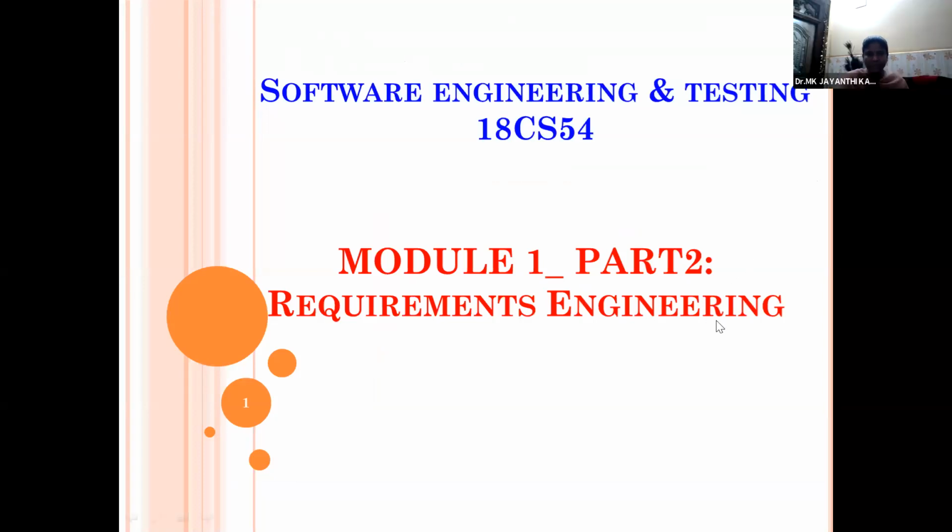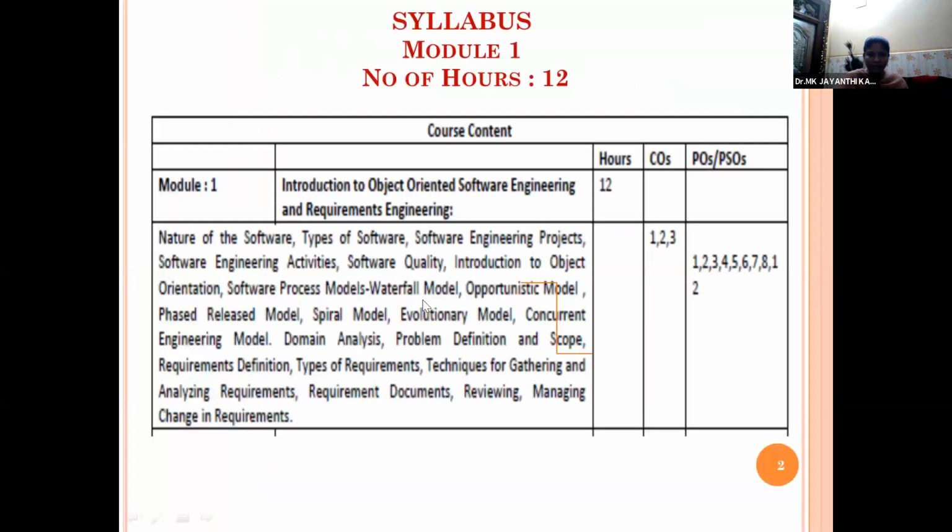Okay, our next topic is requirements engineering. This also belongs to module 1 only. In module 1, we have software process models. So far we discussed the evolutionary model, concurrent software process models, waterfall model, opportunistic model, phase released model, spiral model, evolutionary model, concurrent engineering model.